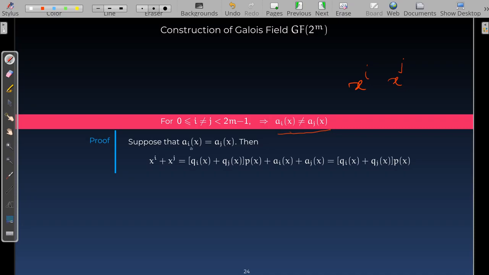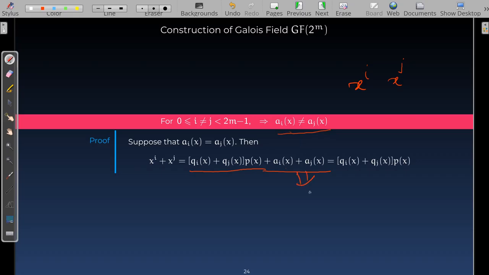Okay, so that's very easy to prove. Suppose that a_i(x) is actually equal to a_j(x). Then x^i plus x^j can be written like this, right? But since a_i(x) is equal to a_j(x), this summation using XOR is going to be 0.